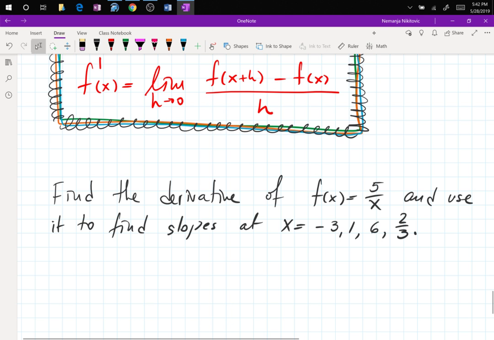As you're calculating this, which trick do you have to use to solve the limit? Common denominator, very good.